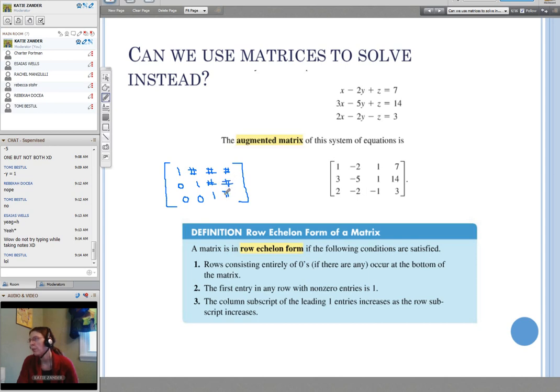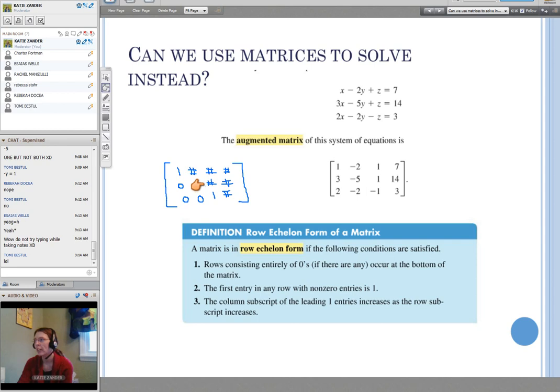Now, performing the operations so that you get that row echelon form helps you get to that last step where you can solve for the last variable. So putting that in row echelon form allows you to find z, right? Because technically you would have 1z equals whatever number it is over here.